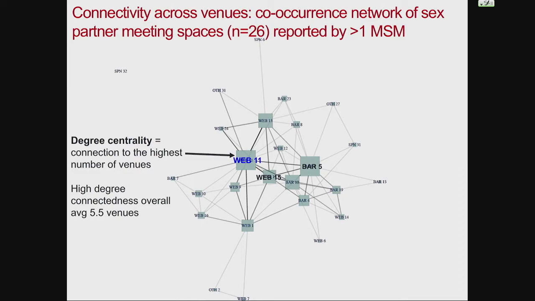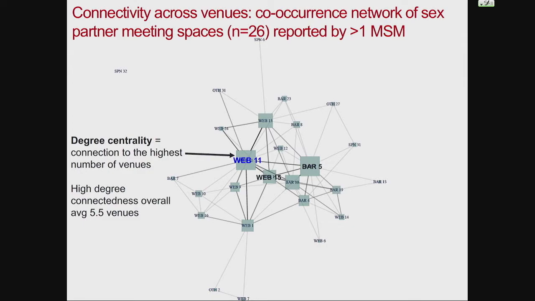The first one that we measured was degree centrality, which is defined as the connection to the highest number of other venues. Here, Web 11 was connected to the highest number of other venues. Overall, there was a very high degree of connectedness across the entire network, with venues on average connected to 5.5 other venues.